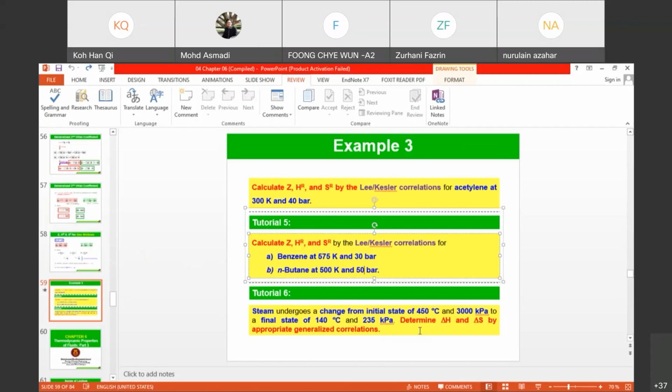Okay, for tutorial 5, it is similar. It is a similar method by Lee-Kesler because it's 30 bar and 50 bar. Okay, can you do tutorial 5, determine delta H and delta S?